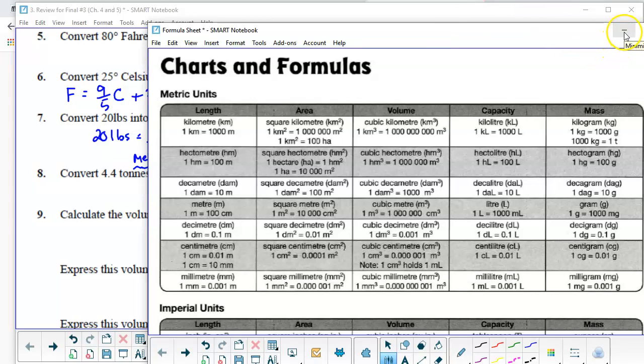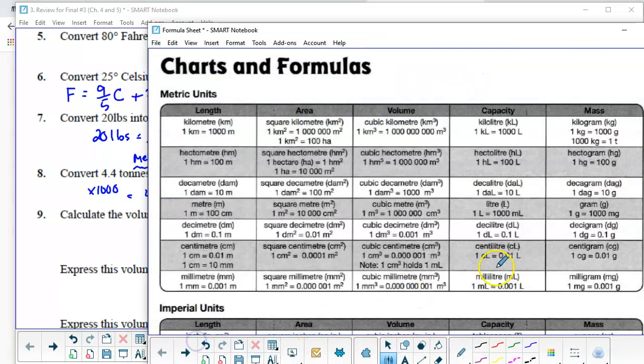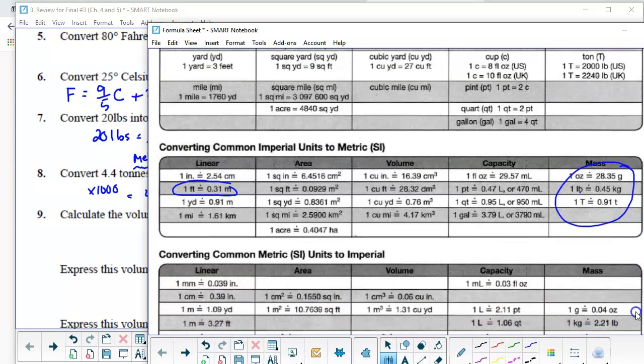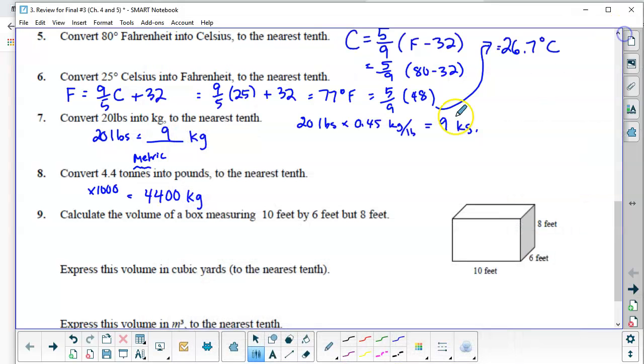So I'm going to multiply by 1,000. So this is going to be equal to 4,400 kilograms. Now, I want to look for kilograms to pounds. So metric to imperial, kilograms to pounds, 2.21. So I'm going to multiply by 2.21 pounds per kilogram.